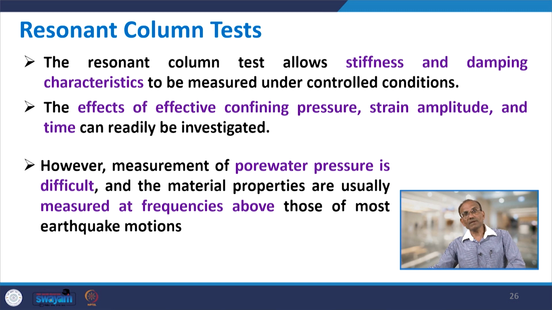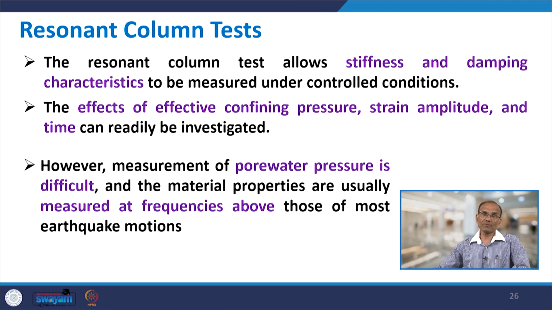The resonant column apparatus test allows stiffness and damping characteristics to be measured under controlled conditions. The effects of effective confining pressure, strain amplitude and time can readily be investigated. So, these parameters can be considered.